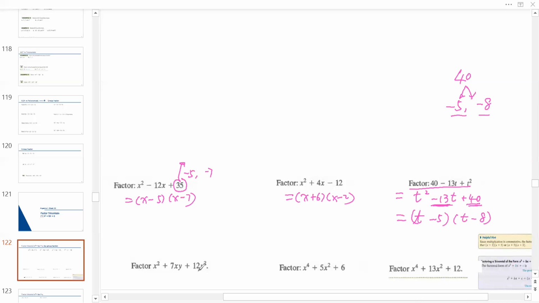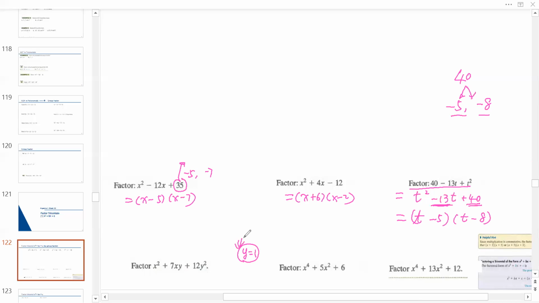All right, let's see this one. Firstly, a lot of people may be uncomfortable about this one because of these two variables. How can I factor it? I give you a hint here: if you have two variables, consider y as 1 first.